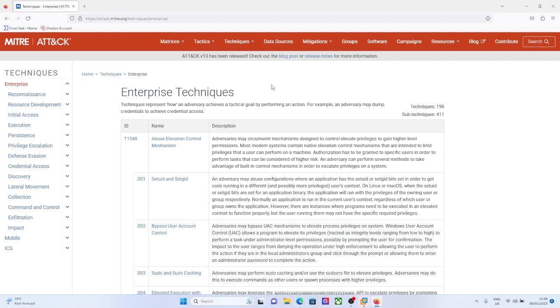For example, let's say persistence is the ultimate tactic goal, but as a technique you can achieve persistence with different methodologies, like you can create a registry key, or in a Linux environment you can create a cron job, or all kinds of things. So that refers to the technique part.